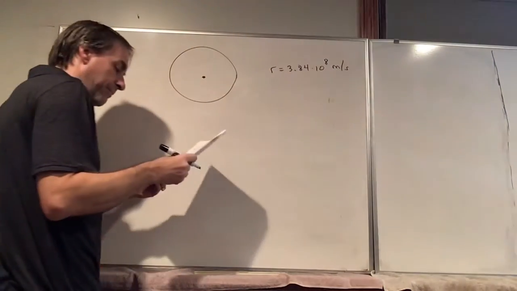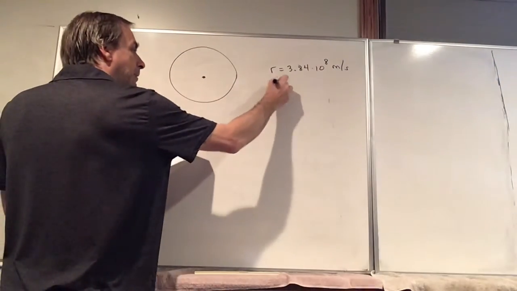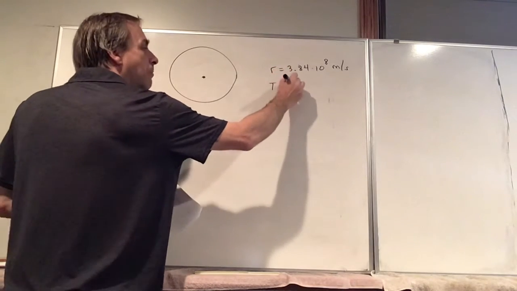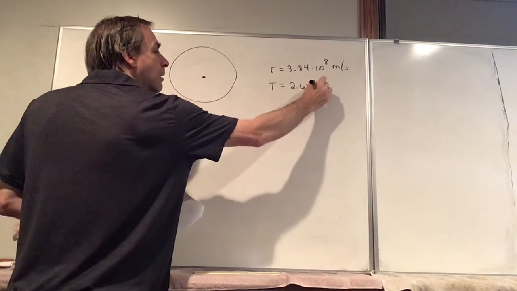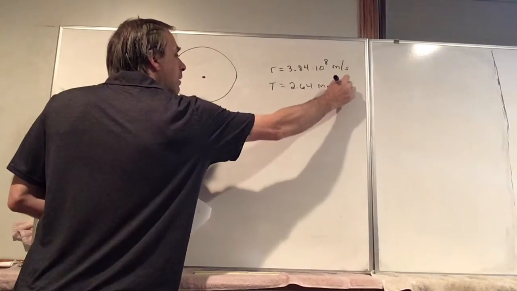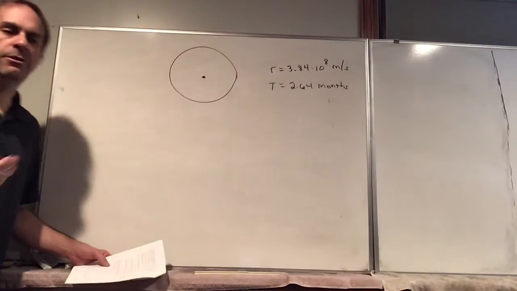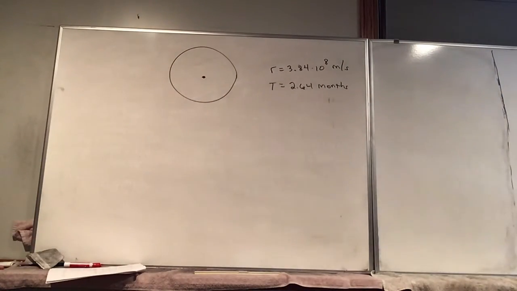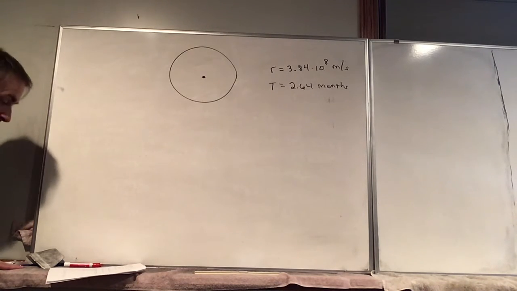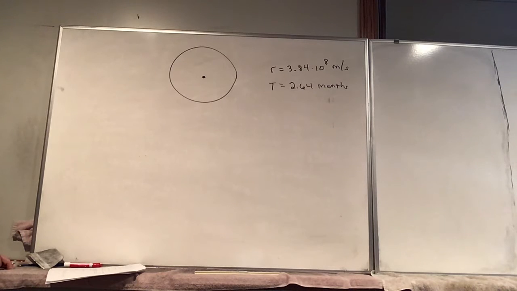And its period, it takes 2.64 months to complete an orbit. So those are things that an astronomer could conceivably just observe. Okay, so we want to know the mass of the planet.